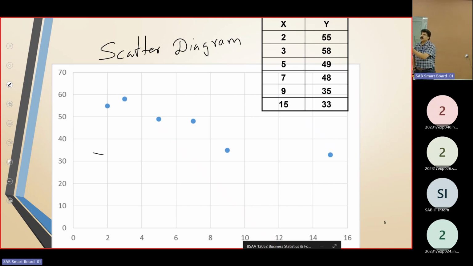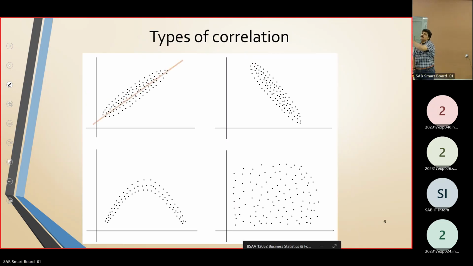After drawing it, these are some of the possibilities. I'm not saying these are the only structures. You may get a structure like this, or like that, or something like this.